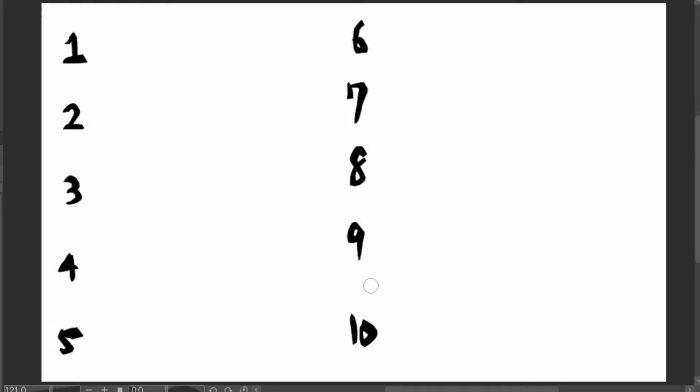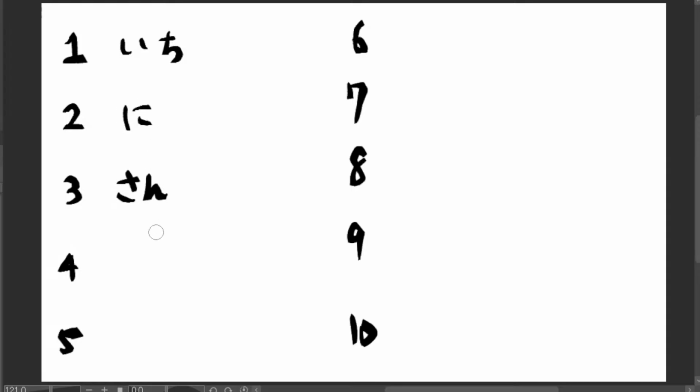Okay, so the first one, numbers in Japanese, 1, 2, 3, 4, 5, 6, 7, 8, 9, 10.